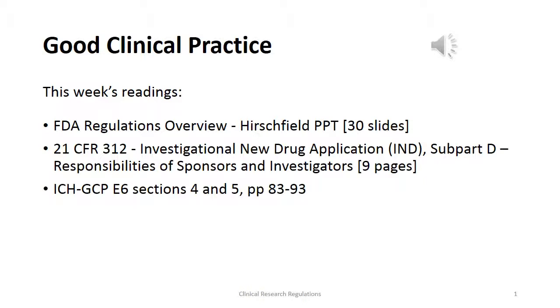It is important to understand that although it's a guideline, the FDA does recognize ICH GCP E6 specifically as their standard, as their current thinking. They call it, in terms of clinical practice, good clinical practice. So as you look through those 3 documents, that'll give you a pretty good idea of how those regulations are similar and how they're different.